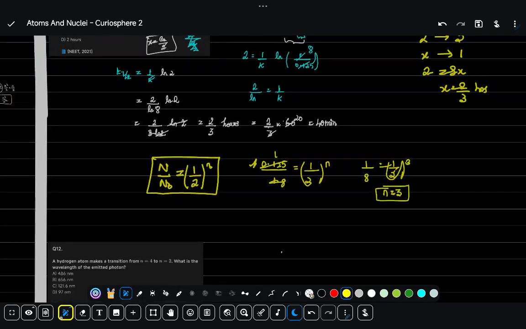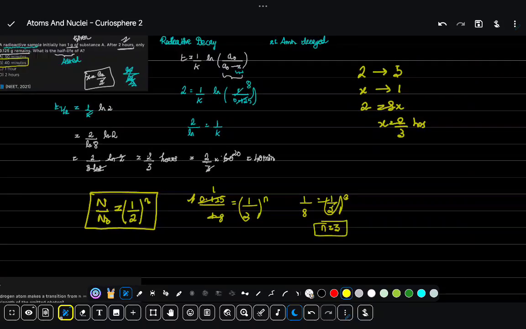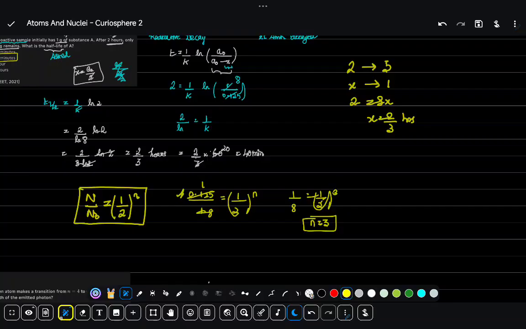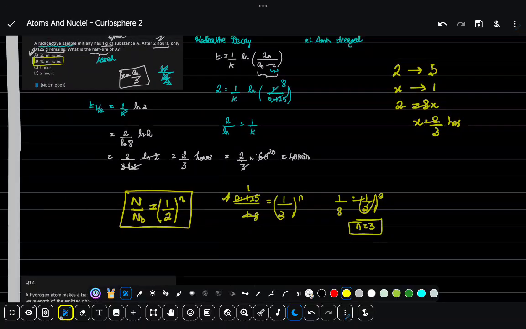See, we got it in very simple steps. I hope you get it. N by n naught is the fraction of nuclei left behind, the remaining. Within the 2 hours we are finding the fraction remaining, that is 0.125 by 1 as they have given.